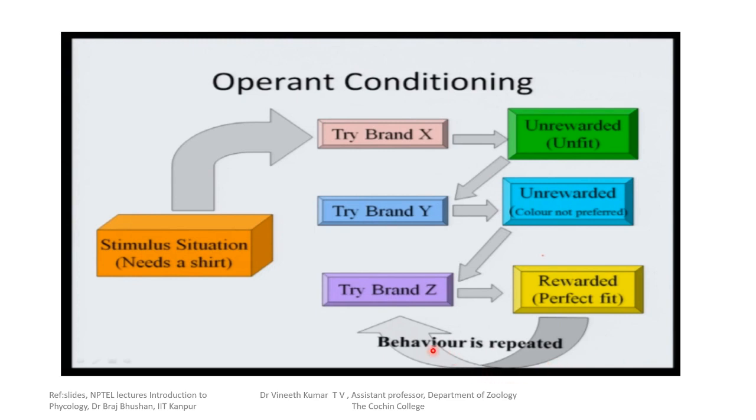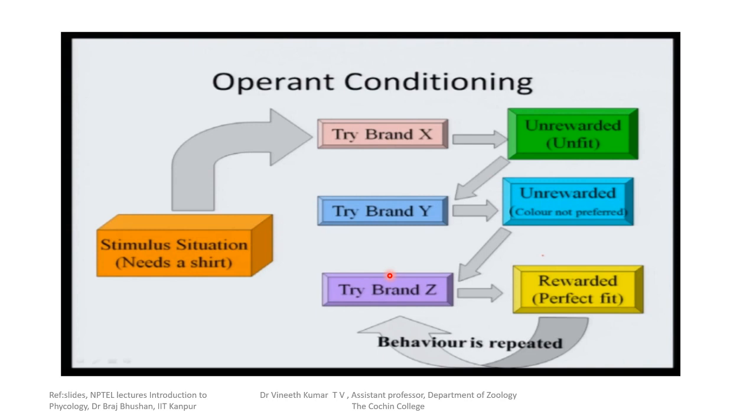And the next time if I visit the same shop or another shop, rather than going for X and Y, I will directly ask for brand Z. So that is what is done by our cat, the rat, and the pigeons.